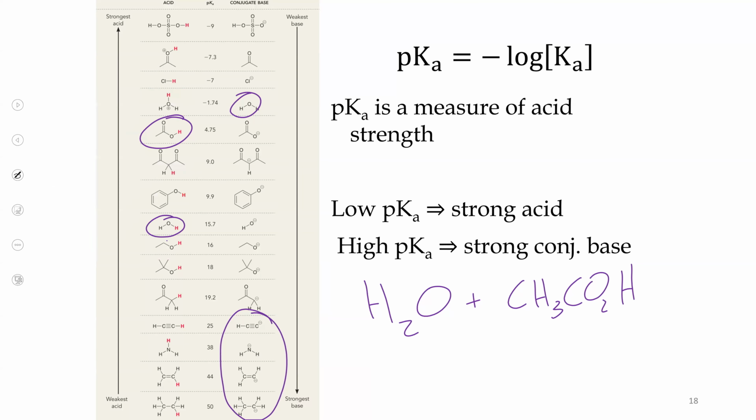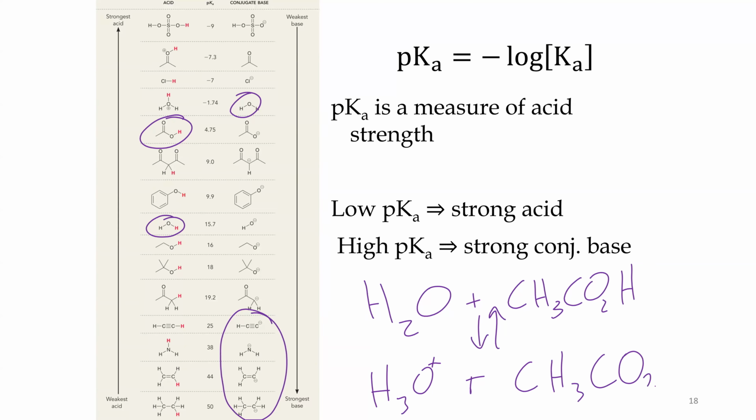So that's gonna allow us to say it's gonna make H3O plus and the deprotonated form, which looks like this. And so we just stole the H plus from the acid, and it pushed it away onto the water.